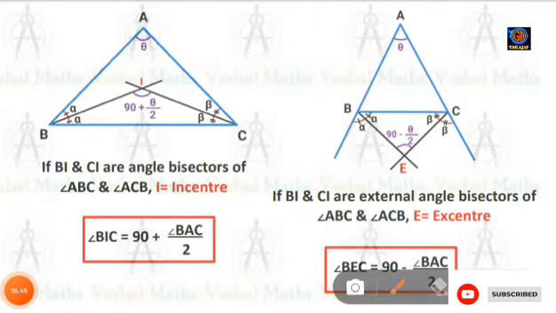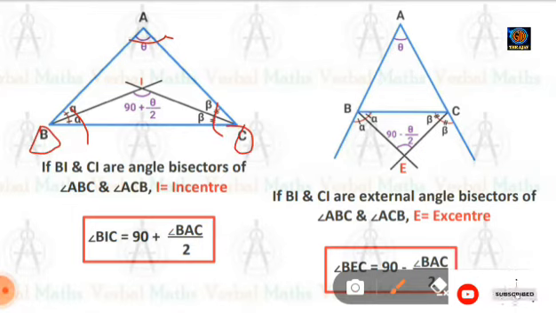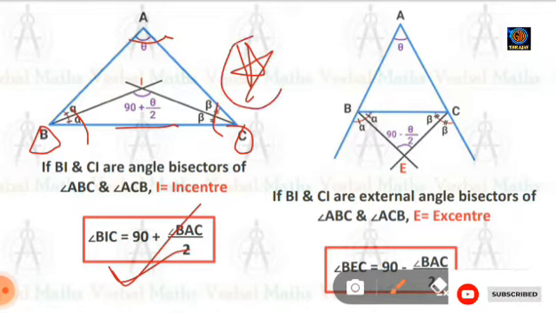Next, we can see a simple result: if theta is the angle formed by the internal angle bisectors of B and C, then angle I is going to be 90 plus theta by 2. That is very important from the exam point of view. The same applies if the external angle bisectors meet here, then the value of E will be 90 minus theta by 2.